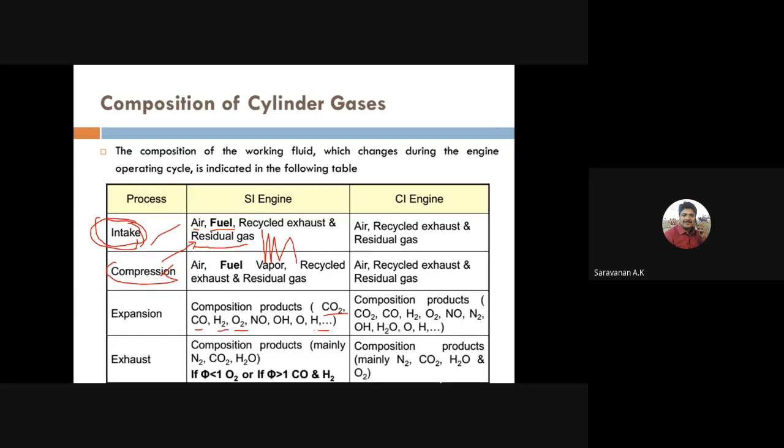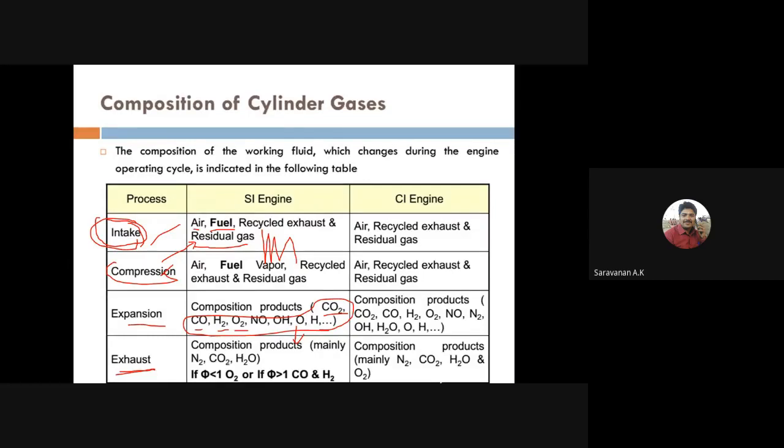These are the emission conditions, the products we get in the combustion process, and the same gets out to the system in the exhaust condition. So these are the terms in the actual composition of the cylinder, right?